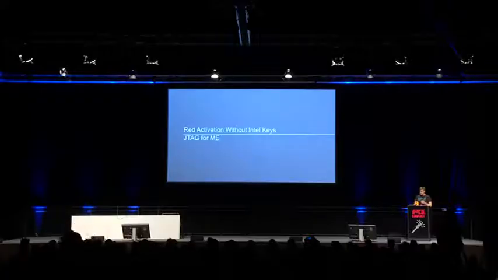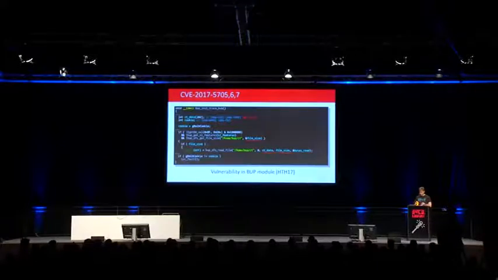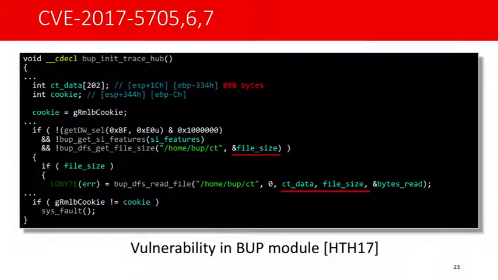And how to activate red unlock without Intel keys? At Black Hat Europe, we disclosed a bug in the BUP module. This function, as you can see, has a vulnerability. When it calls another function reading the BUP CT file, it gives an incorrect size of data to read.